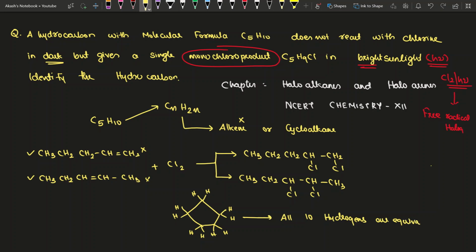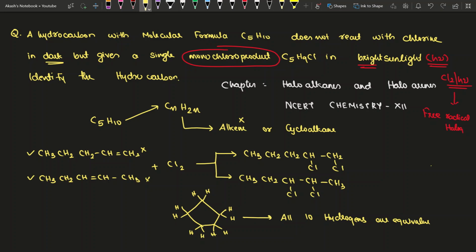But for pent-1-ene or pent-2-ene, all the 10 hydrogens are not equivalent; they are different. They would undergo addition, not substitution, but if they underwent substitution you would not get a single monochloro product. A single monochloro product is obtained by substituting hydrogen only if all the hydrogens are equivalent. If there are two different types of hydrogen, you get different products. Since only one monochloro substituted product is obtained, all the hydrogens are equivalent.